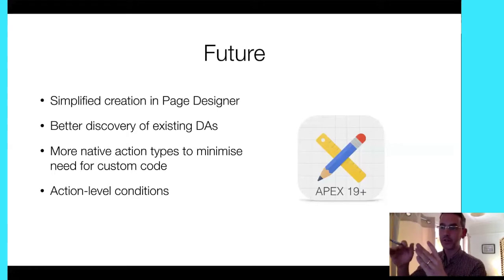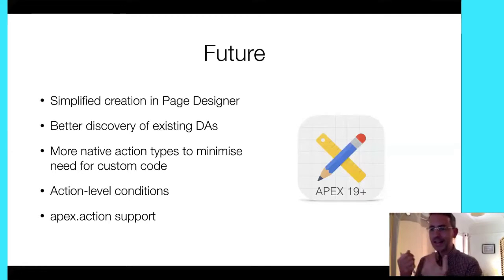So if it was a select list, for example, you could have actions within one dynamic action with conditions, so that you could respond to the different values from the select list all within the same dynamic action. That would, I think, greatly help with reducing the number of dynamic actions that sometimes get added to a page. So action level conditions.